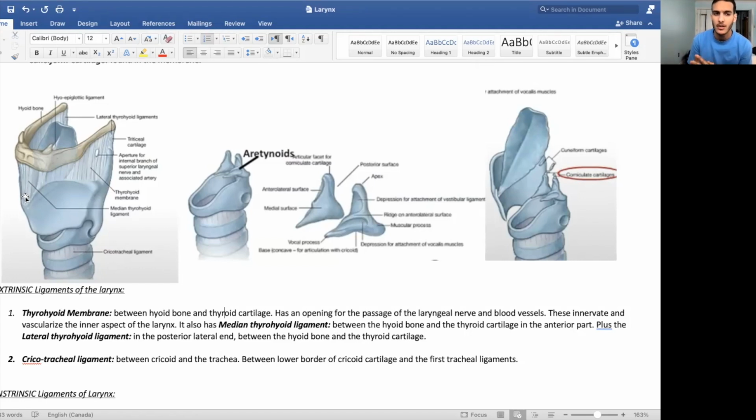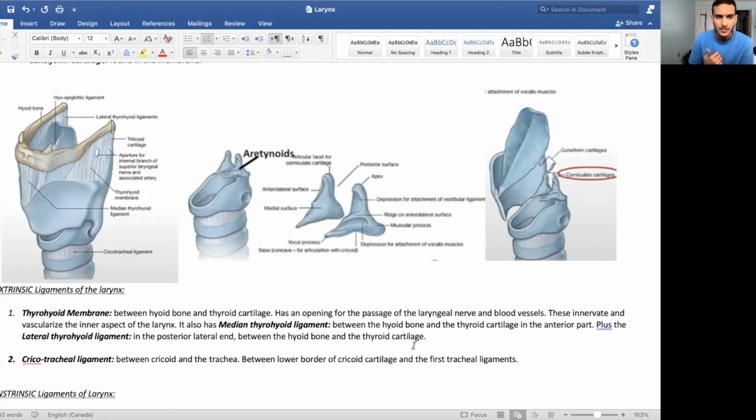That forms the median thyrohyoid ligament, right here, from the Adam's apple to the anterior median part of the hyoid bone. There's also the lateral thyrohyoid ligament in the posterior lateral end between the hyoid bone and the thyroid cartilage.